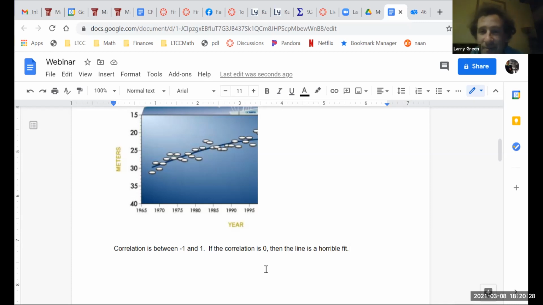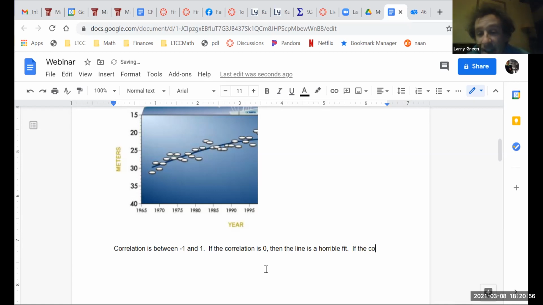Do the stars look like they're all kind of close to a line? Not at all. They're all over the place, a bunch of dots. So the correlation of the night sky is pretty close to 0. It might be 0.01 or -0.02, but it's going to be really close to 0. Does that make sense?